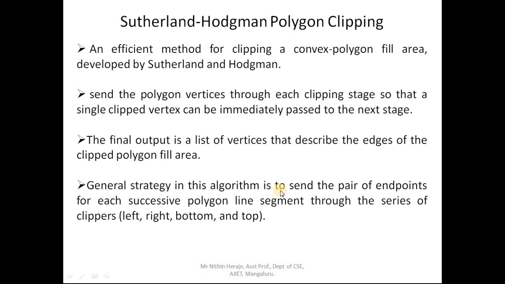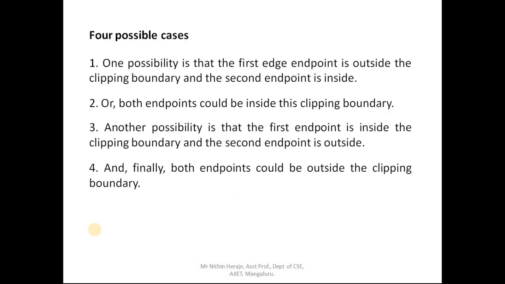The general strategy in this algorithm is to send the pair of endpoints for each successive polygon line segment through the series of clippers, that is left, right, bottom and top. So we'll see what these are.